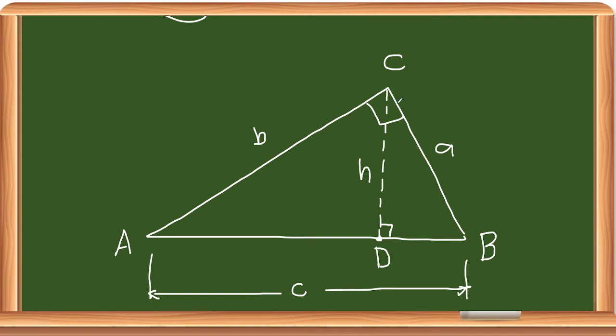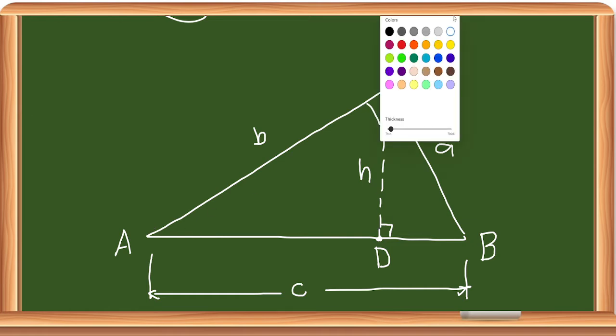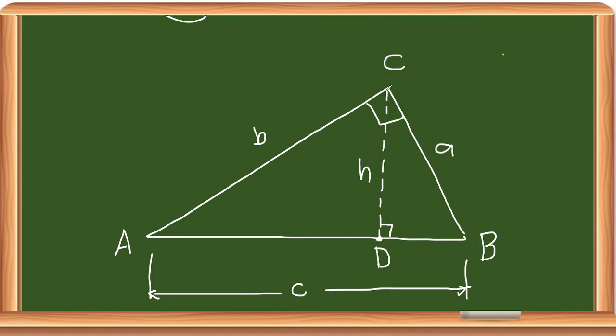We have triangle BCD and triangle ACD. Yung BCD, ito yon. Let's use another color. Ito, B, C, D. Okay? So, yan yung isang triangle.